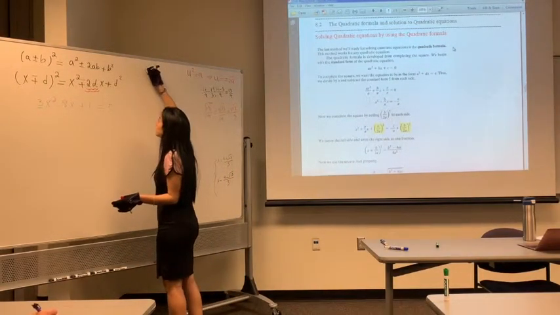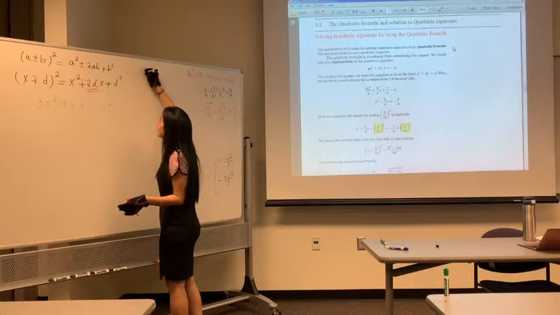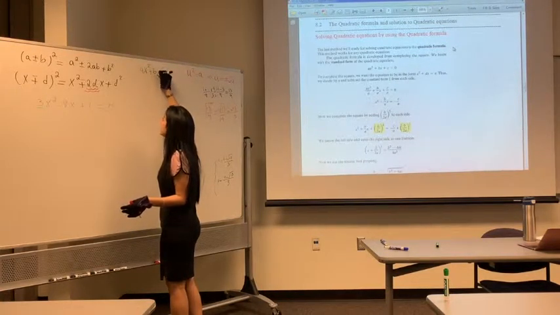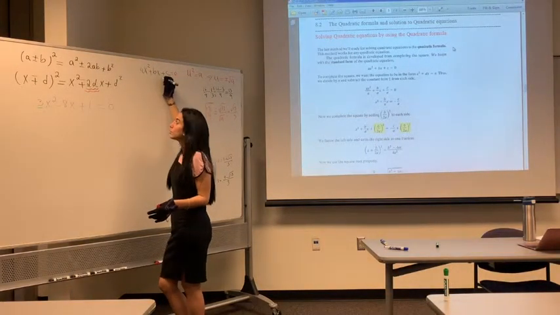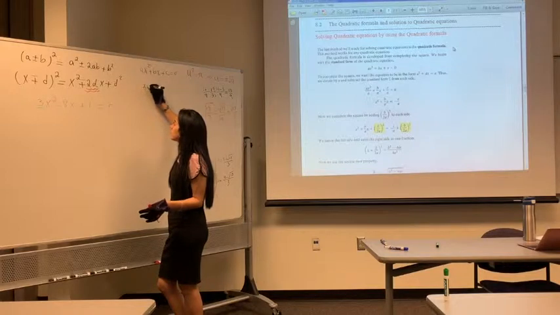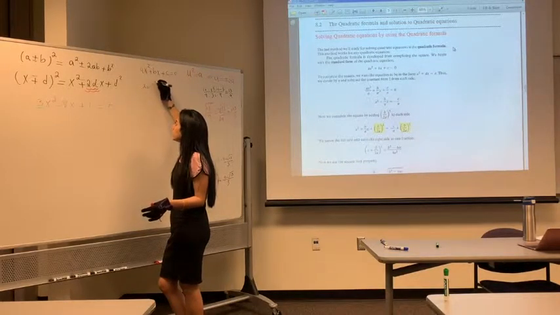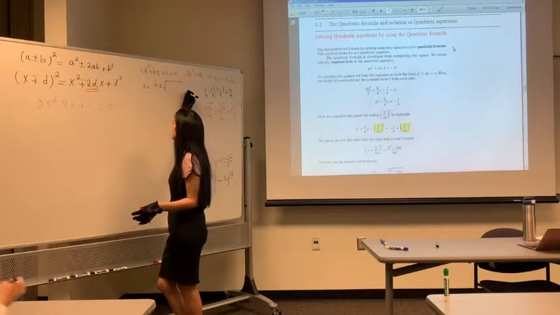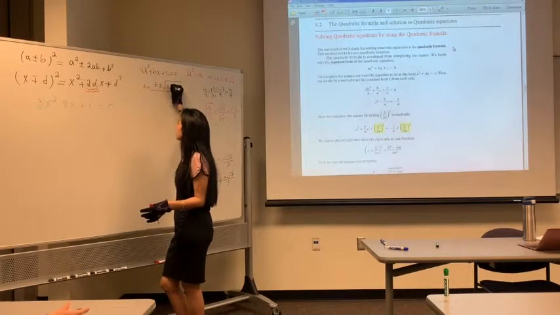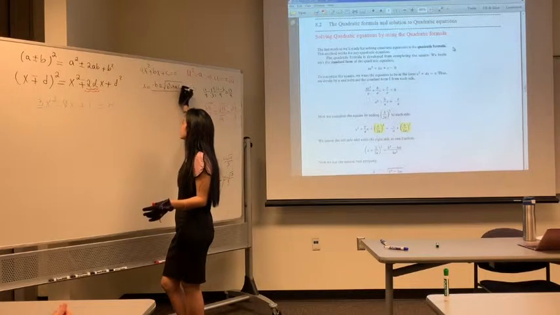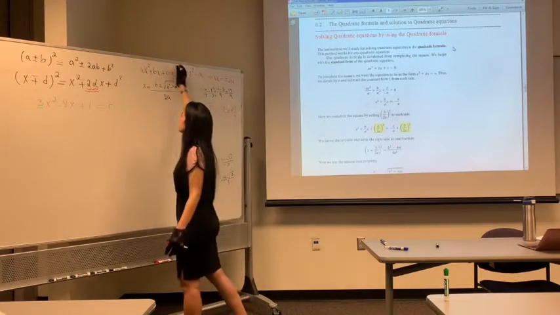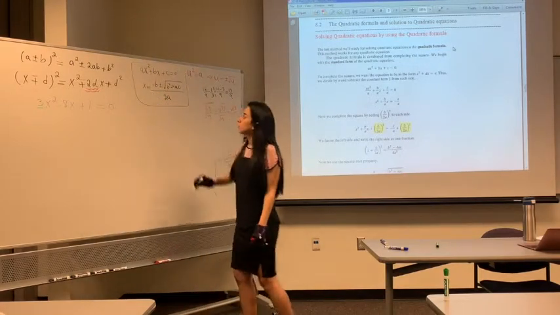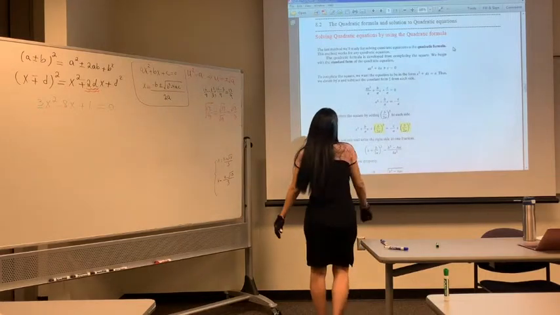The quadratic formula says if you have ax squared plus bx plus c equals 0, if you have such a form, x can be negative b plus minus radical b squared minus 4ac, divided by 2a. This is the quadratic formula.